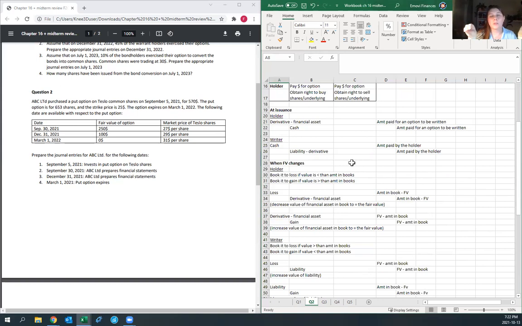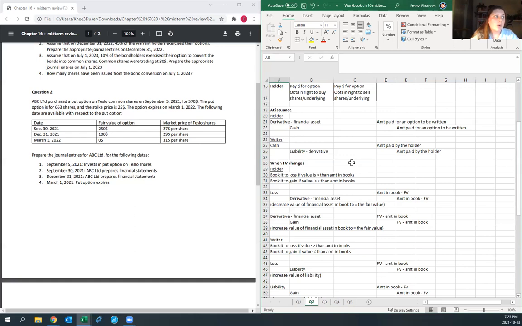There's the holder, the person that says, "Can I buy them at $30 in 3 years?" And there's a writer, the person that is going to let them buy the shares at $30 in 3 years. The writer is not necessarily the person in the company that has the shares. It might be a financial advisor that's selling you the shares for that price. It's not linked to the common shares of the company.